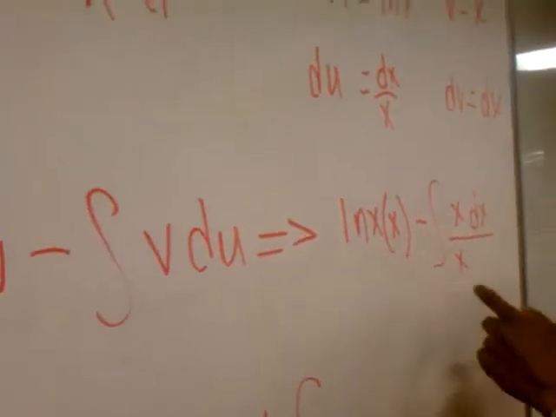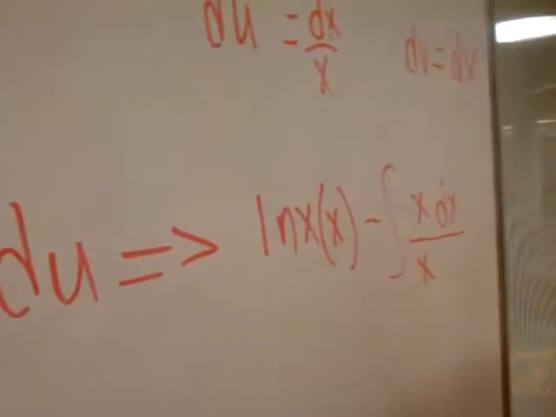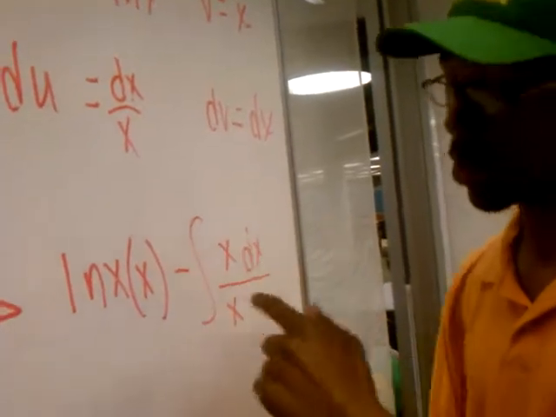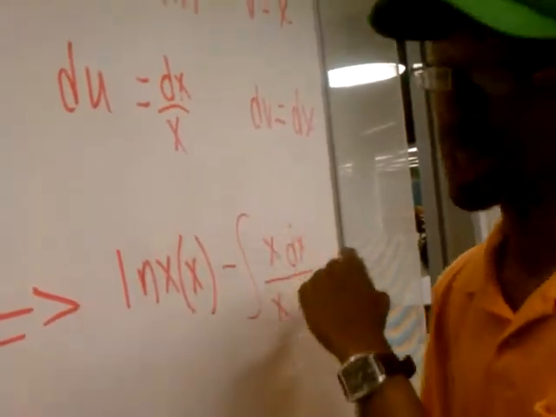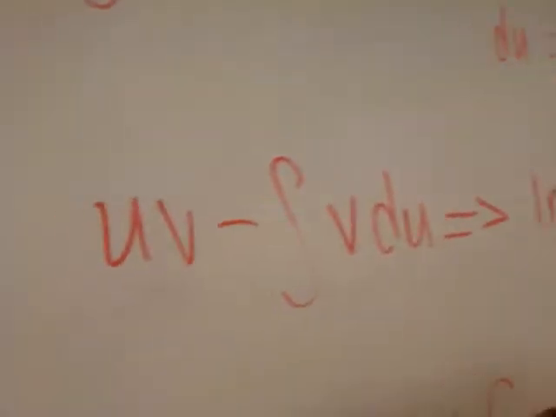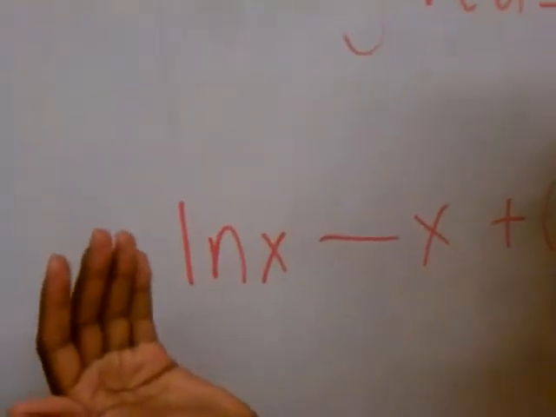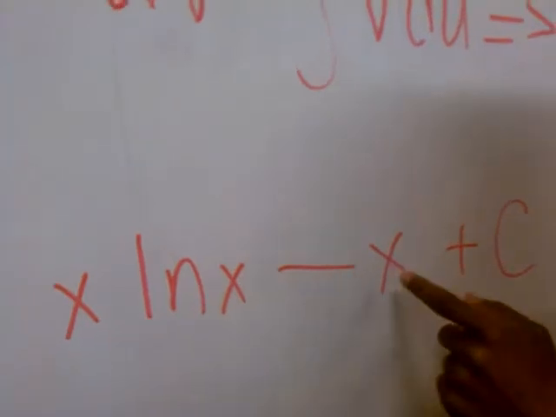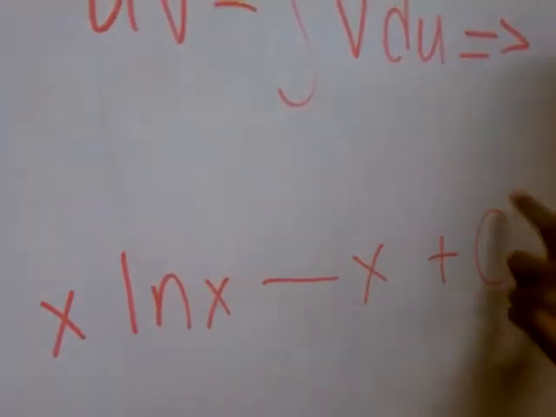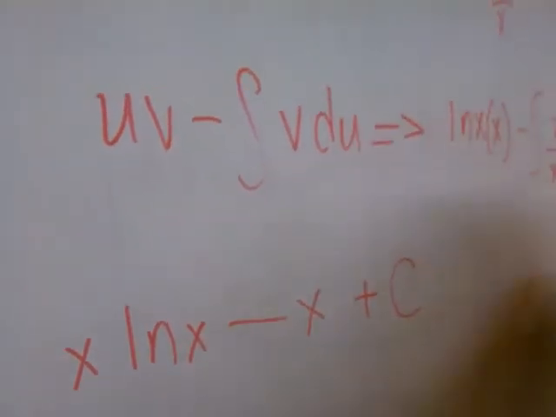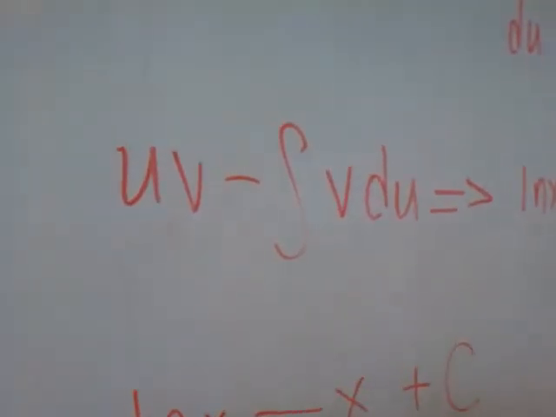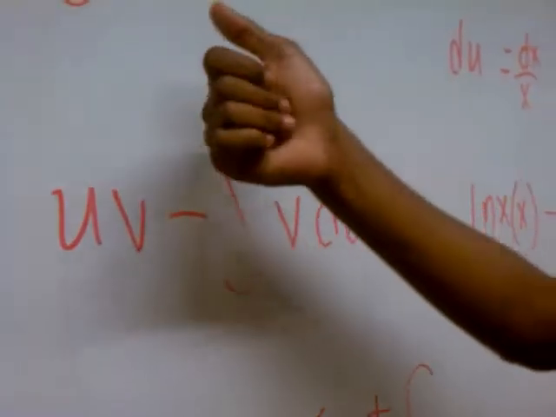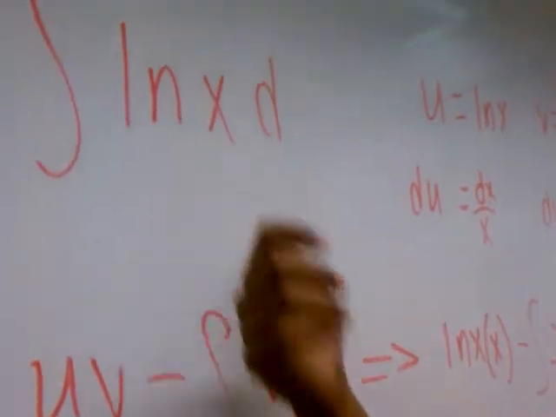And I remember that x over x is really just 1, so I'm only taking the antiderivative of dx. And so my final outcome will be x times ln of x minus x plus my constant, plus c. And all of this is the antiderivative of the infamous function ln of x.